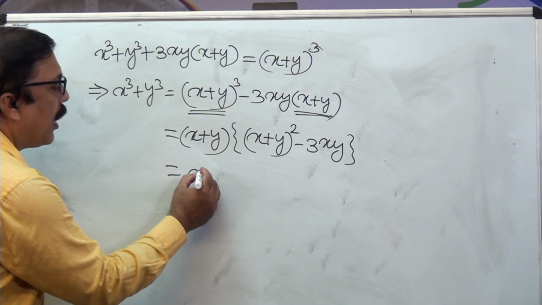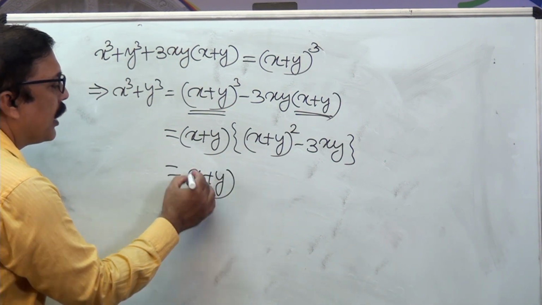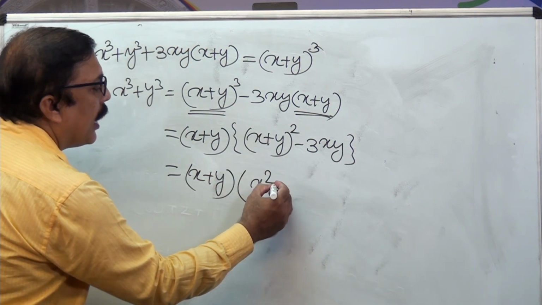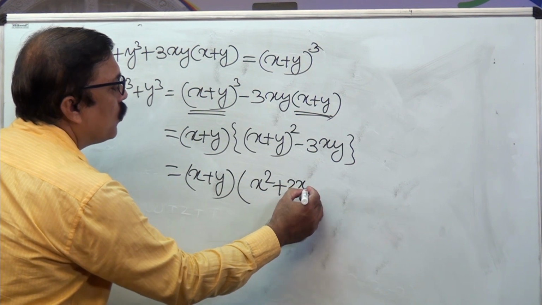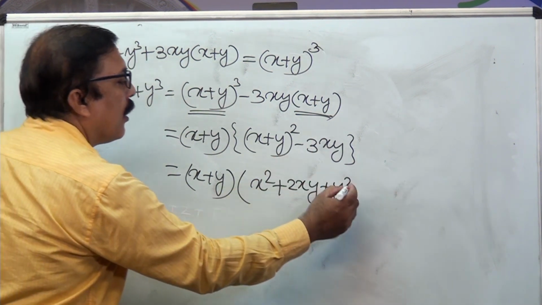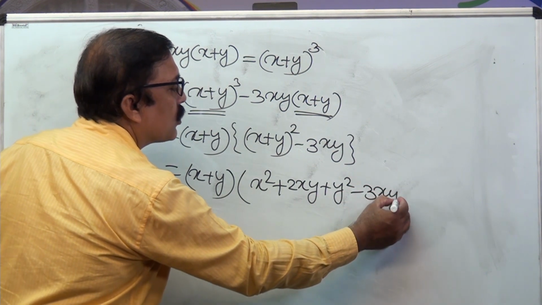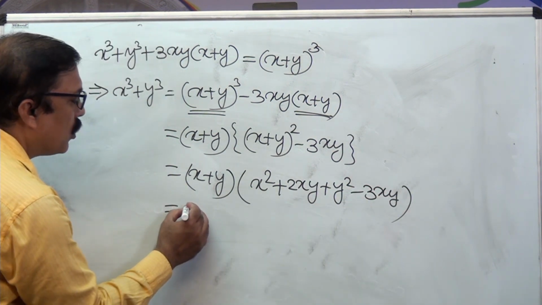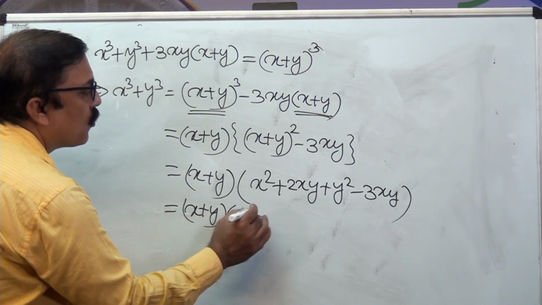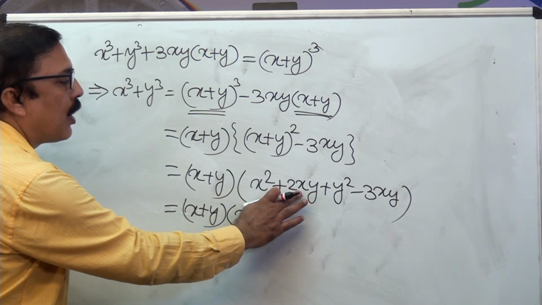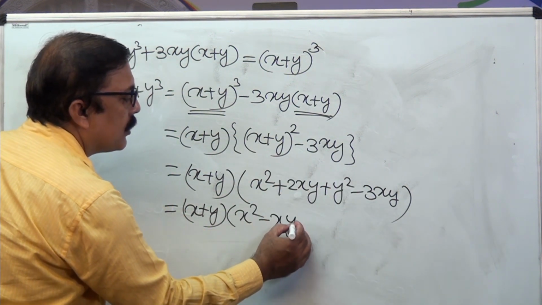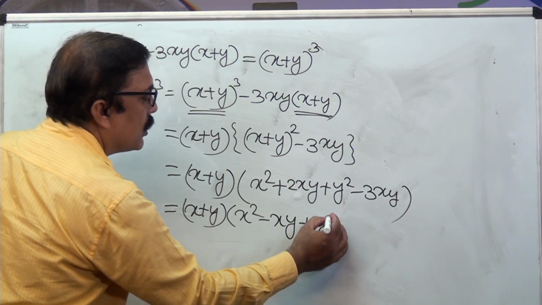Now we can apply the identity of x plus y whole square here. From that we get x square plus 2xy plus y square, then minus 3xy. This shows x plus y into x square, plus 2xy minus 3xy gives minus xy, plus y square.